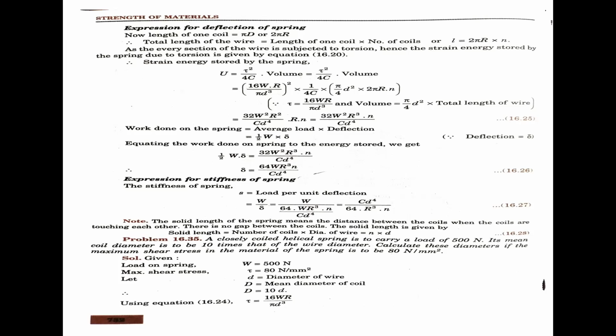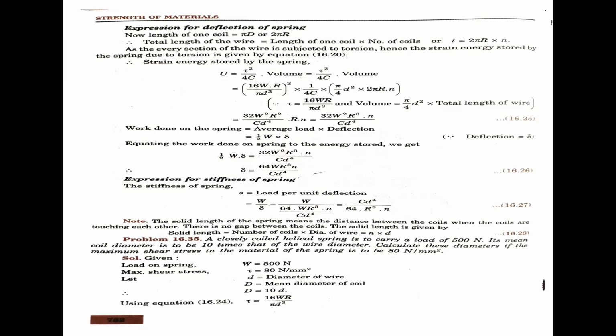Now, expression for stiffness of spring. The stiffness of spring is equal to load per unit deflection, that is W by delta. You know the value of deflection delta equals 64 W R cube n divided by C d power 4.